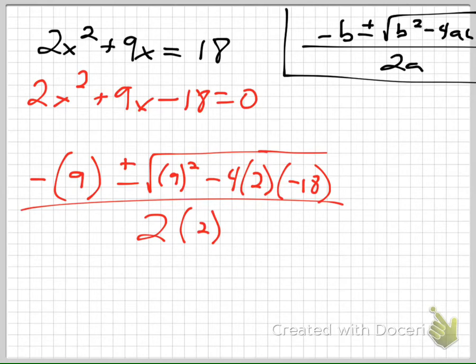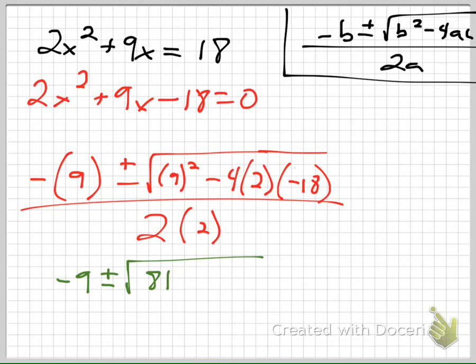Okay. Negative, positive 9 makes negative 9. Plus or minus the square root of. Okay. 9 squared is 81. And then we go like this. We have negative 4 times a positive 2 is negative 8. Negative 8 times negative 18.